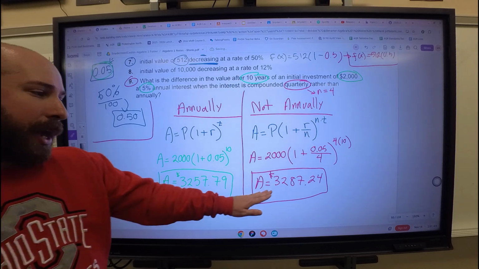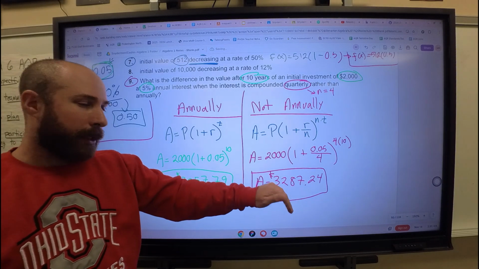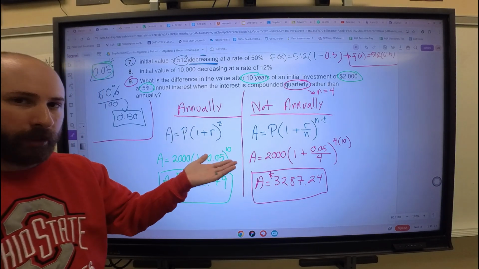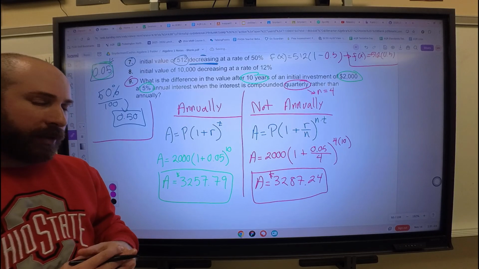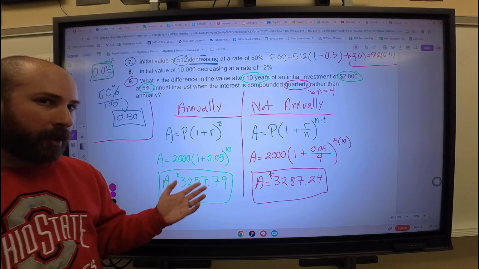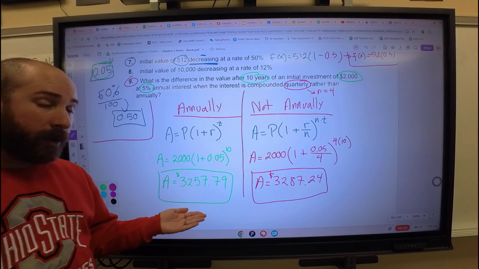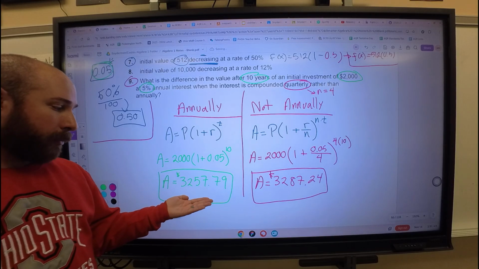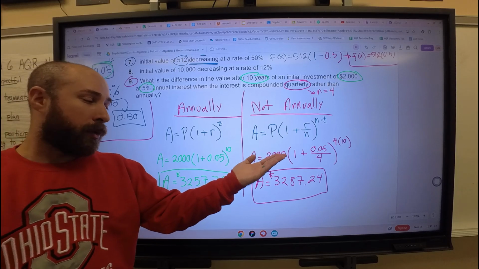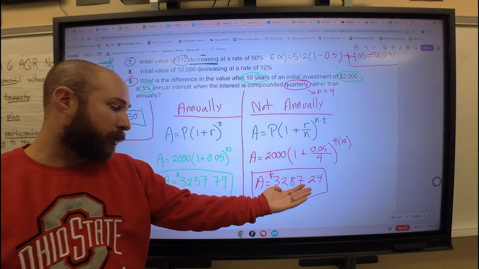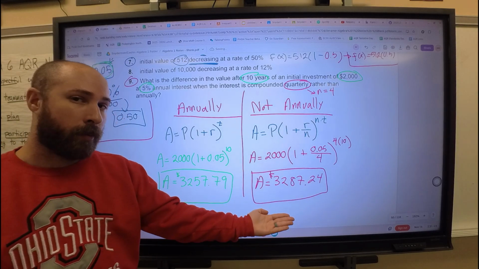So we can see that compounding it quarterly, and again, you're not touching this money, right? You're putting that $2,000 in, and you're just letting it sit there for 10 years. But if the bank compounds it once a year, you make this amount of money, right? You have this amount in your bank account. If they compound it 4 times a year, you make almost $30 more.